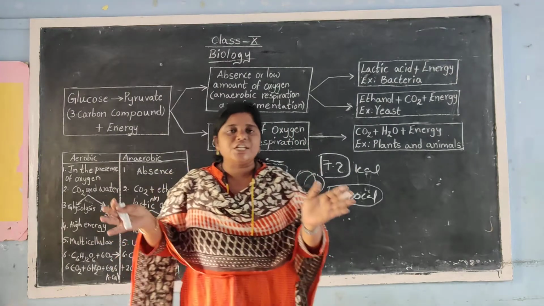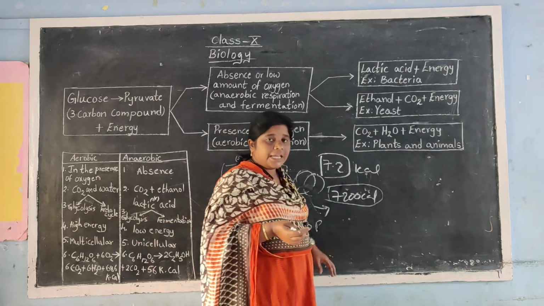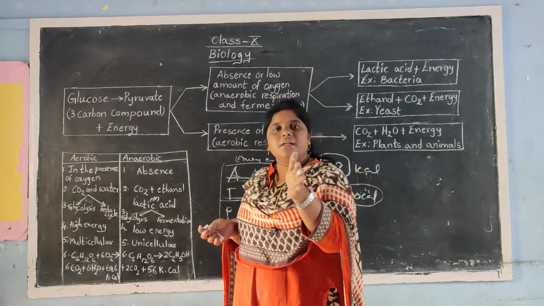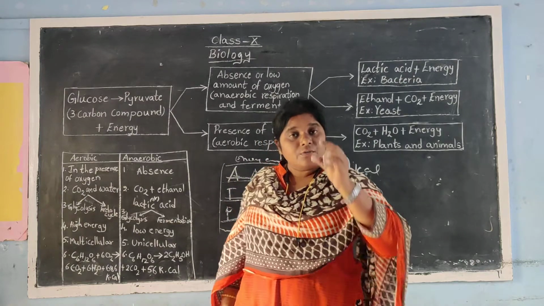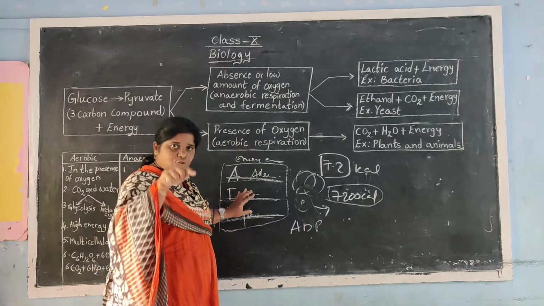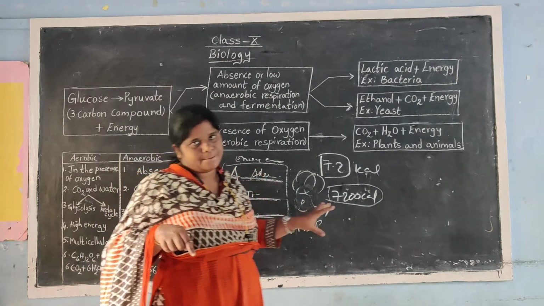In this way, energy will be supplied to our body in the form of ATP. And what is the powerhouse of the cell? Mitochondria. The organelle which helps in cellular respiration is mitochondria, which is called the powerhouse of the cell, and the energy currency is ATP.